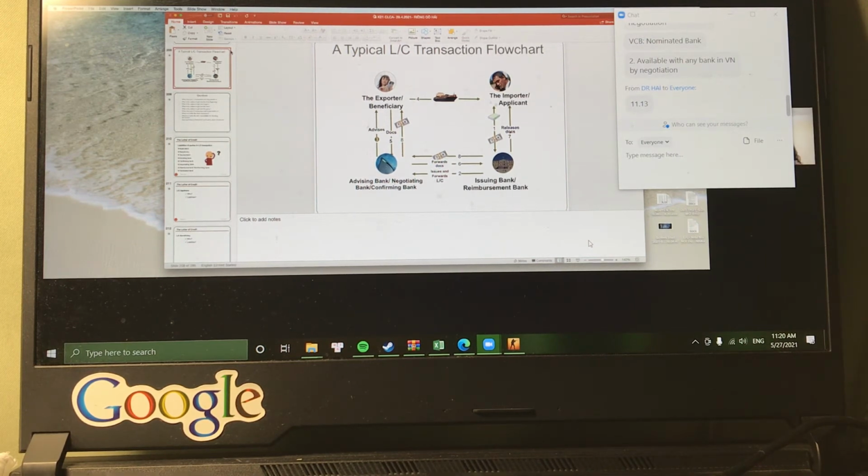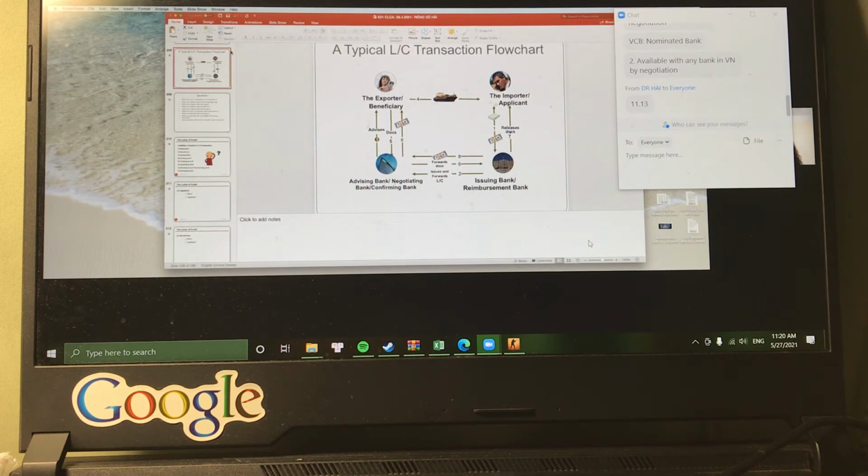Okay, so advising bank will verify or check the appearance of the LC, but not contents. Appearance, hình thức of the LC.